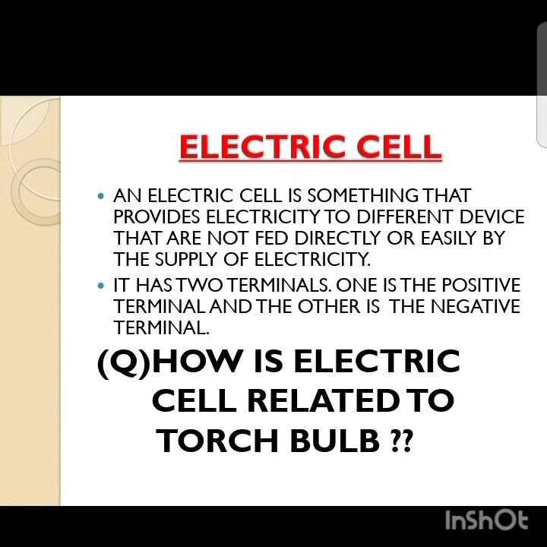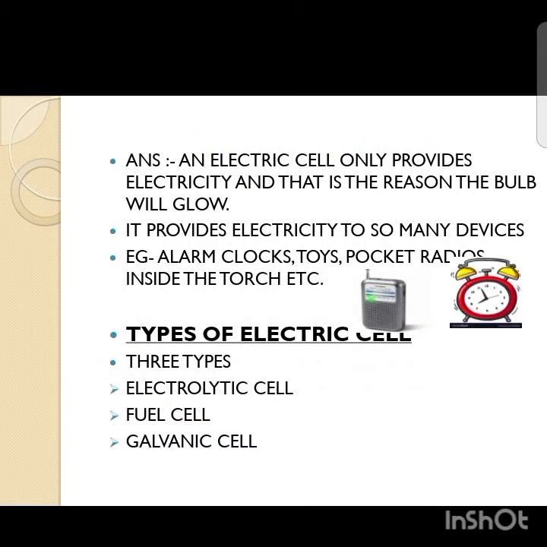How is an electric cell related to a torch bulb? I will tell you. An electric cell provides electricity, and that is the reason the bulb will glow. It provides electricity to so many devices, for example alarm clocks, toys, pocket radios, inside the torch, etc.